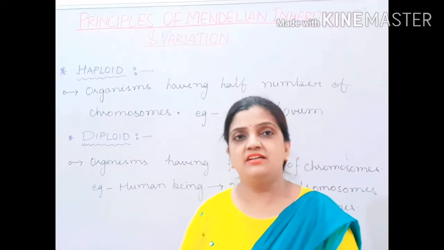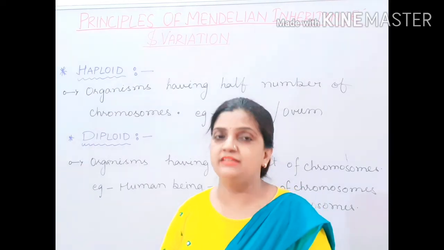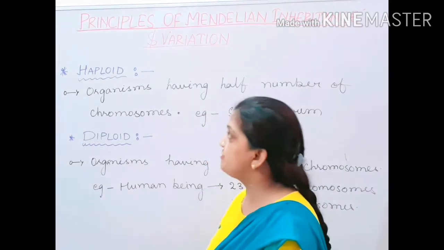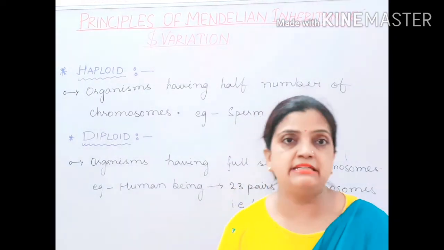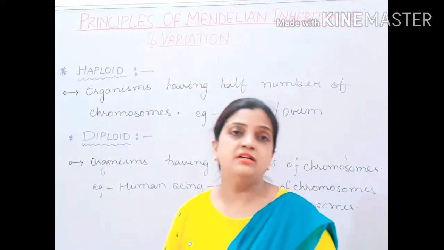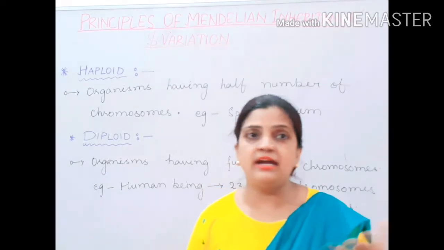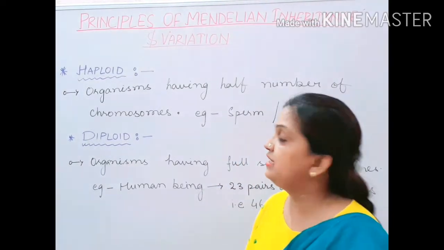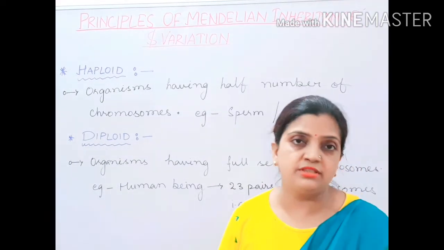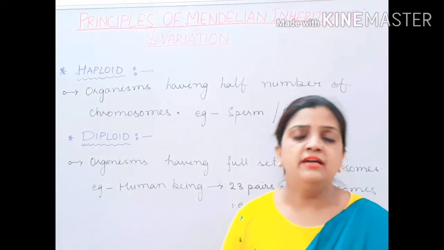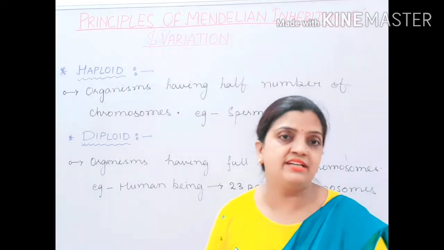Now children, let us know about haploid and diploid, and you are very much familiar with these terms. I have explained it very nicely in the human reproduction chapter, what we mean by haploid and diploid. Because we are dealing with the chromosome chapter, many times we will be using these terms.